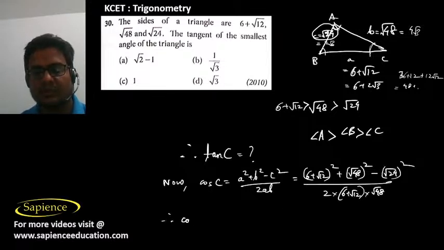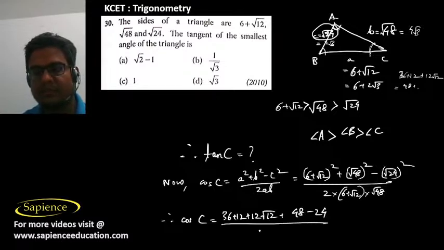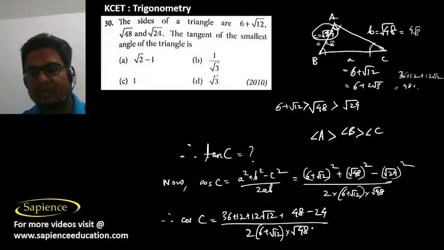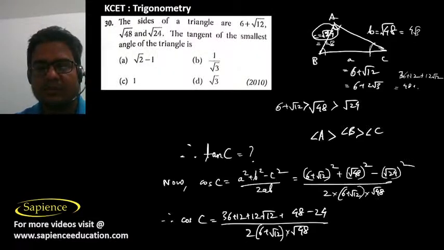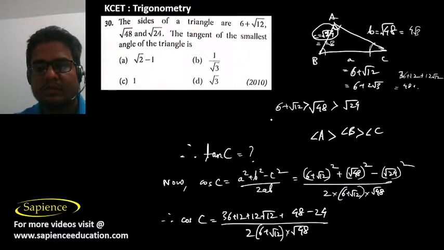Now therefore cos C will be equal to 36 plus 12 plus 2 6s are 12, so 12 root 12, plus this is 48 minus this is 24, divided by 2 into (6 plus root 12) into root 48. So cos C equals 36 plus 12, that is 48, plus 12 root 12.